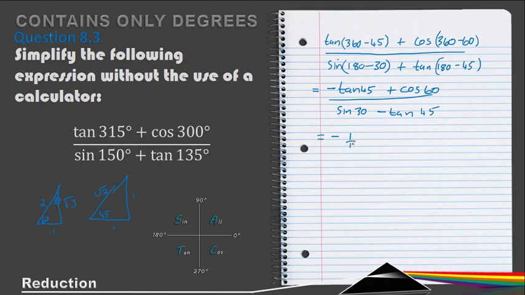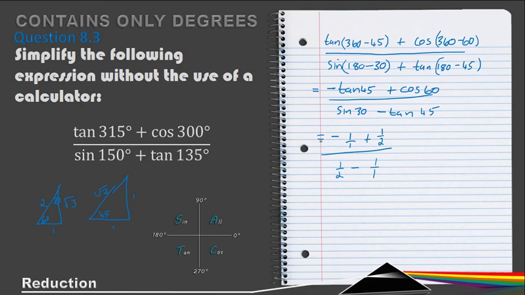Plus cos 60. Cos is adjacent over hypotenuse, so that's plus a half, over sine 30. Sine is opposite over hypotenuse, that's a half, minus tan 45 again, opposite over adjacent, so that's 1 over 1.